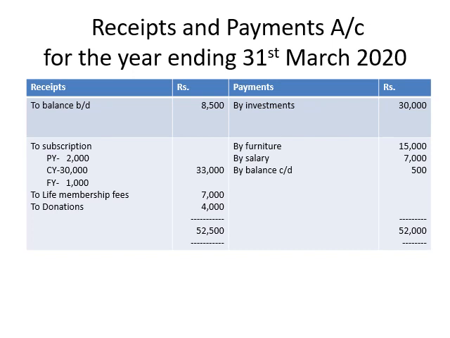Now on the payment side, investment purchased, flow is moving outside; furniture purchased, flow is moving outside; salary paid, cash flow is moving outside; and at the end it has been closed with the balances.